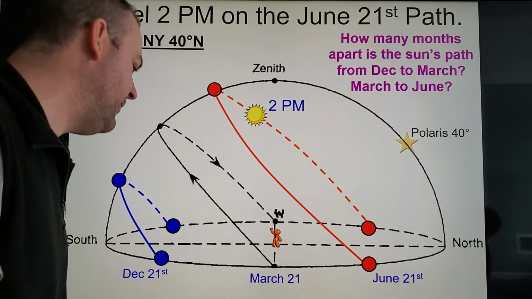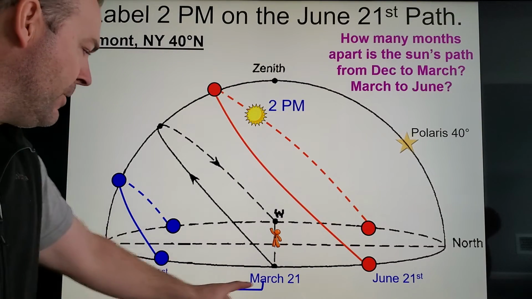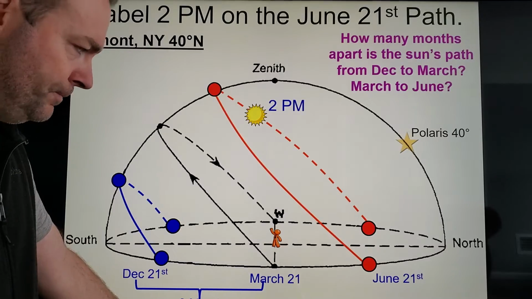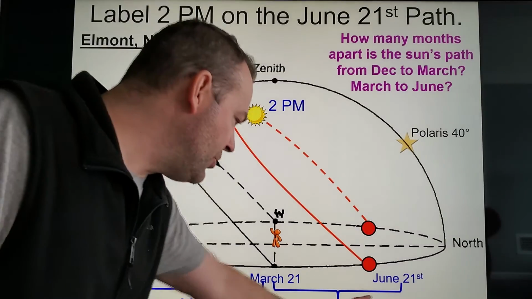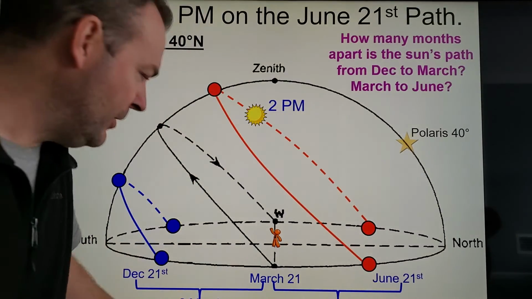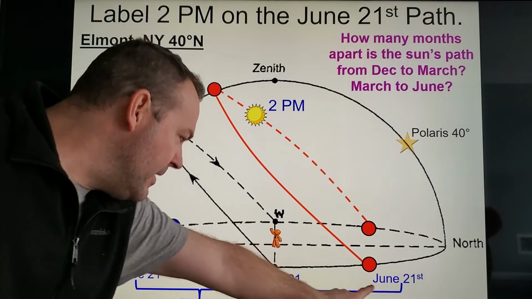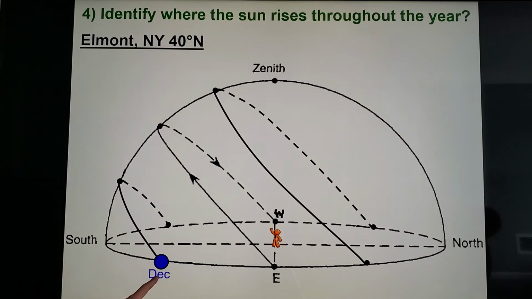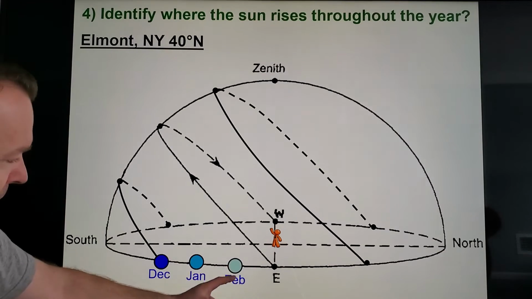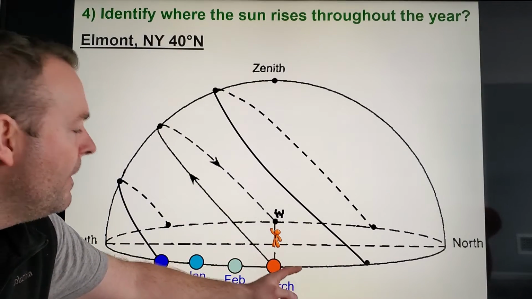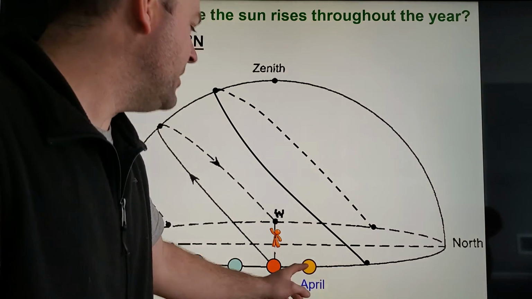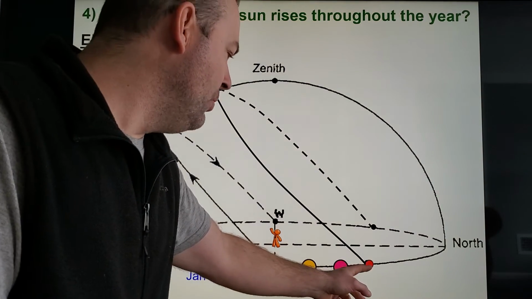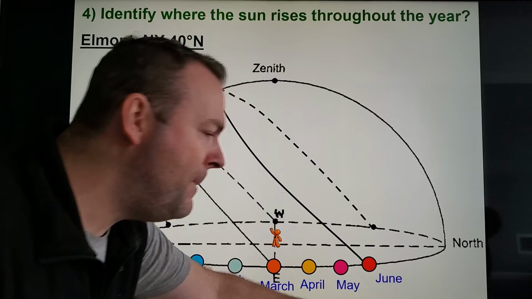So watch carefully, folks. Here we have December to March, and of course, that's 3 months. From March to June, of course, that's 3 months. But that's only a total of 6, so you got to double back, just like this. Watch carefully. Here we have December, January, February, March, April, coming at you, May, June, and now you go backwards.